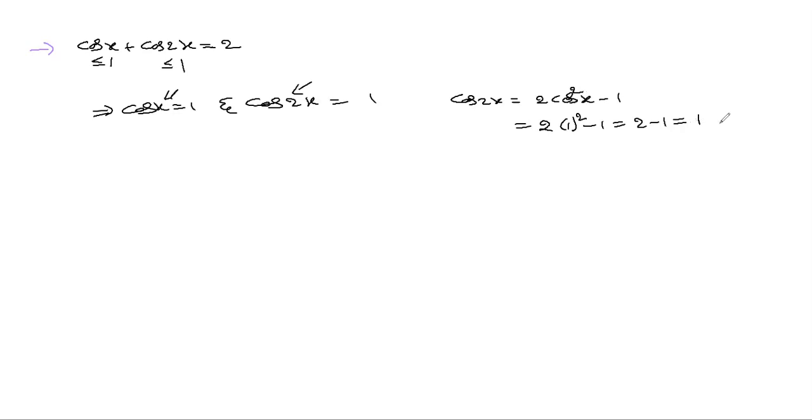So cos 2x is 1. Now if you consider this, cos 2x should be 1. So whenever cos x is 1, cos 2x is becoming 1, there will be no problem. So we can continue with this case.